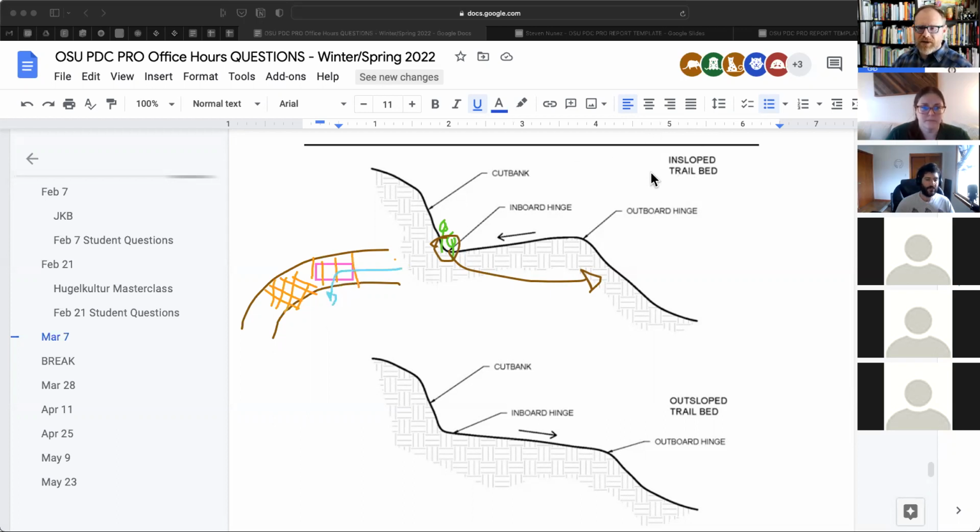So in cross section, what this would look like is we'd have a really gentle rise and a really gentle fall. And then we'd have our car for scale, no wheels because it takes too much time. But this then gives us the opportunity to bring water through here and then off instead of having like a big speed bump that would take it that way.